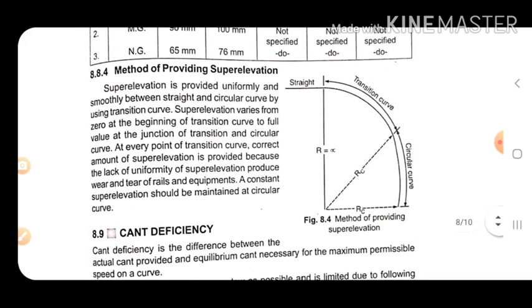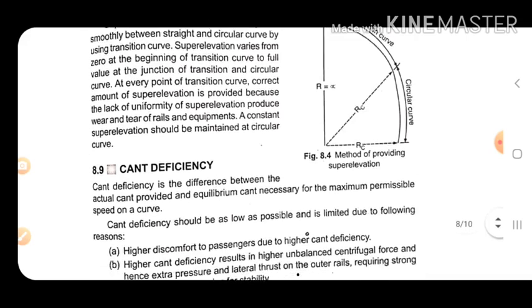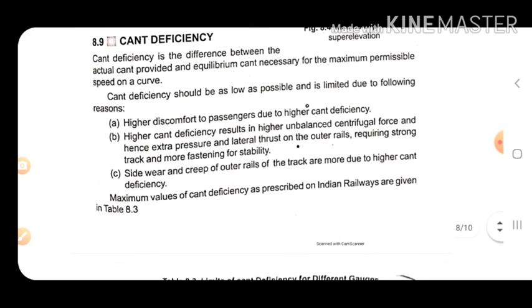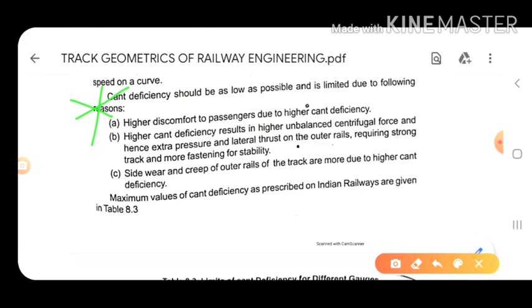Method of providing super elevation, just read it. Cant deficiency, very important: cant deficiency is the difference between the actual cant provided and the equilibrium cant necessary for the maximum permissible speed on a curve. This is cant deficiency, short notes arise in the semester, important.